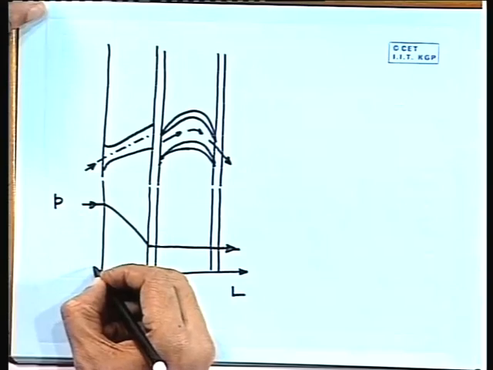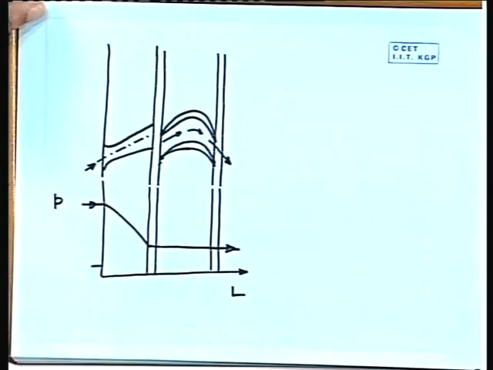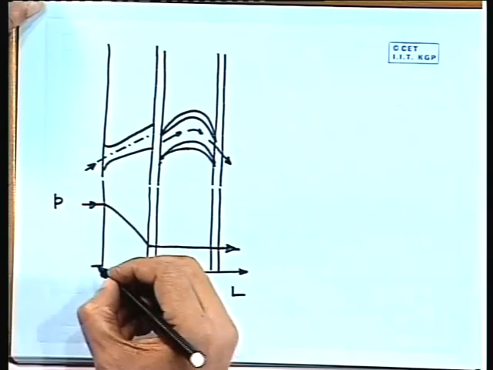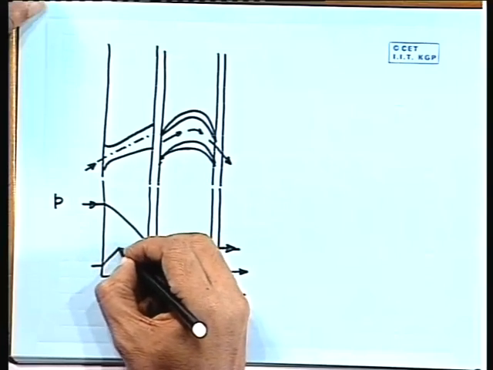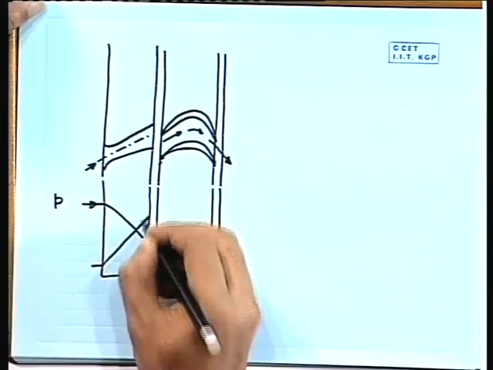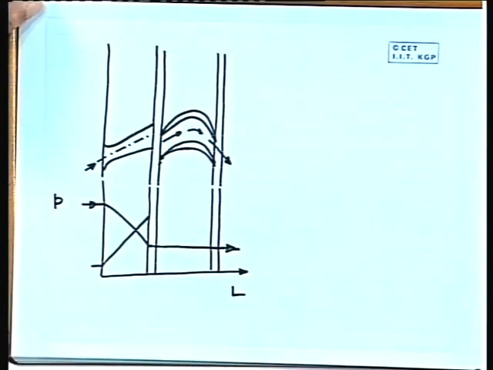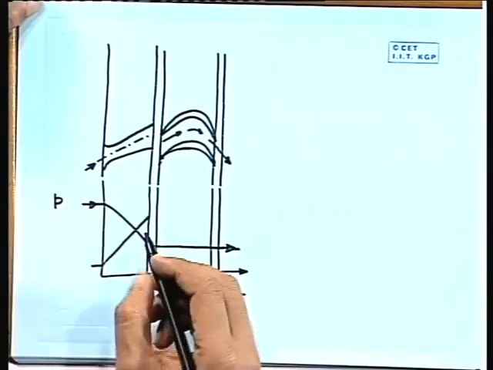For velocity, when the steam is entering the nozzle, it will have a very low velocity. Then, when it is passing through this nozzle, gradually the velocity will increase. There is a small gap between the nozzle row and the blade row.